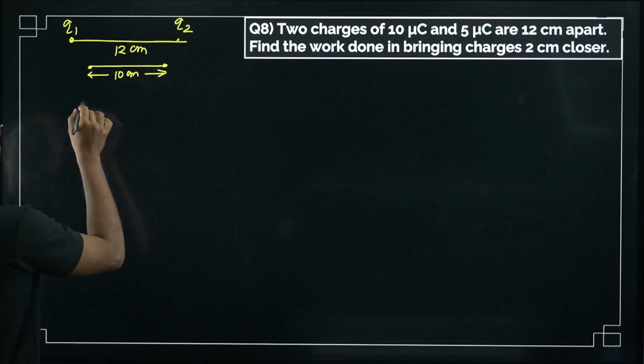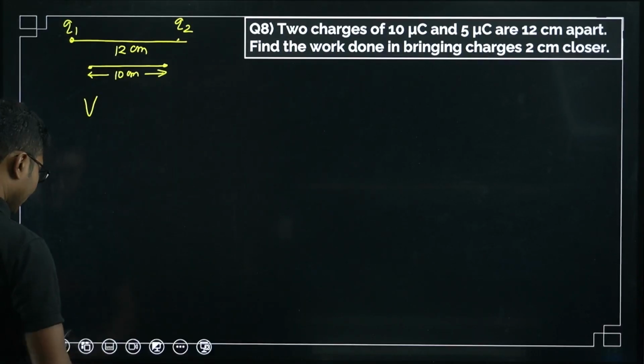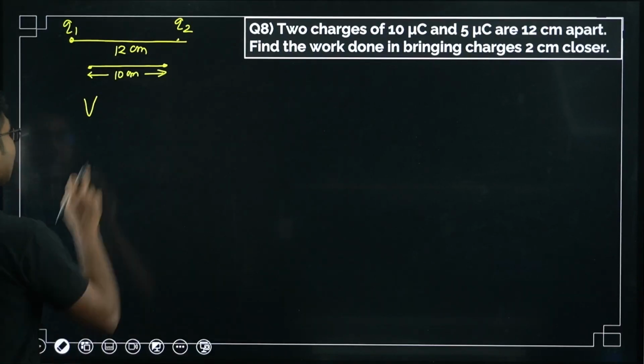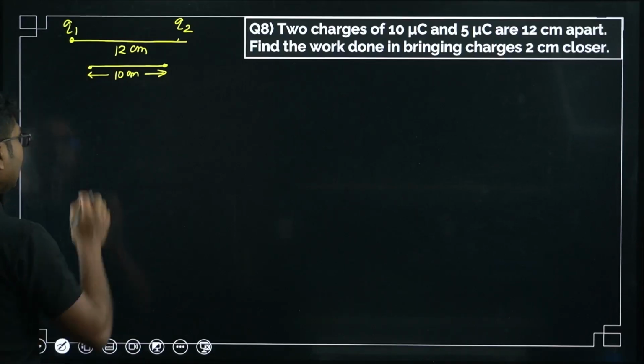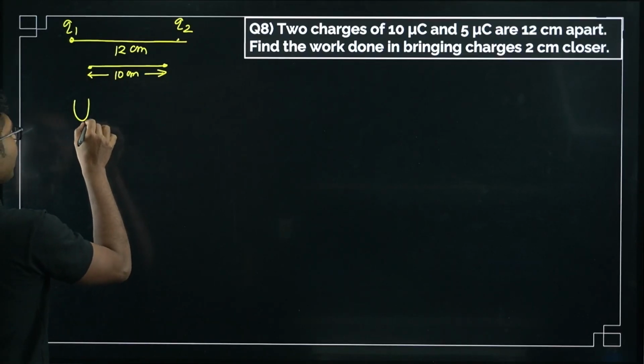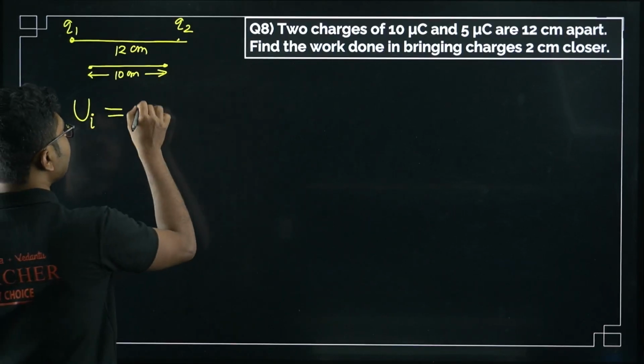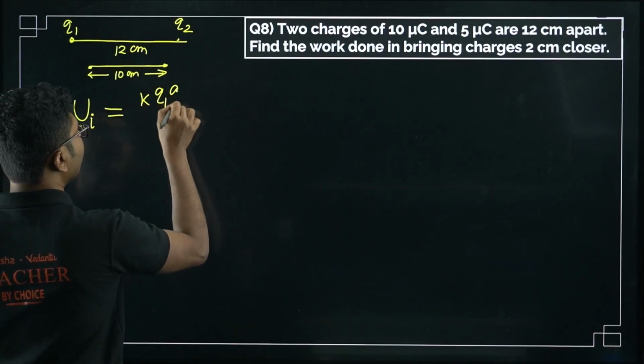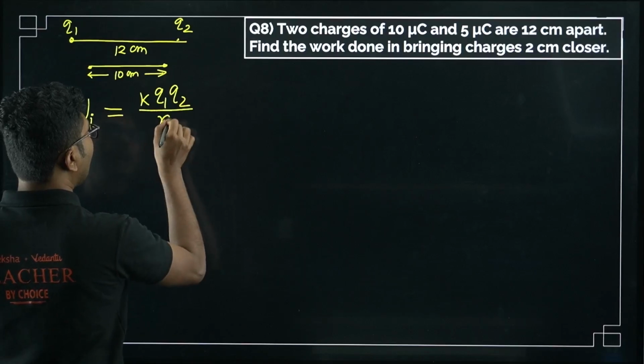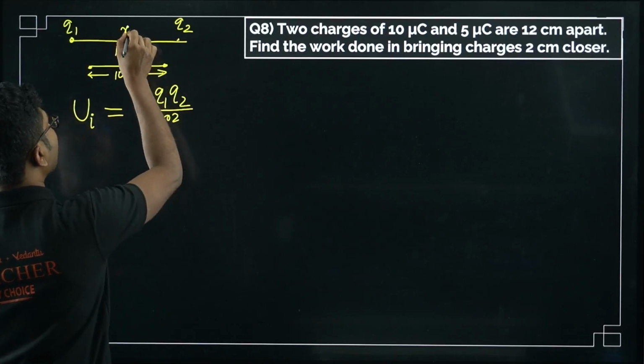So first you have to find the potential energy of the system at the beginning. What is potential energy? This is potential energy at the beginning. Initial potential energy is K Q1 Q2 by R1. So this is R1, this is R2.